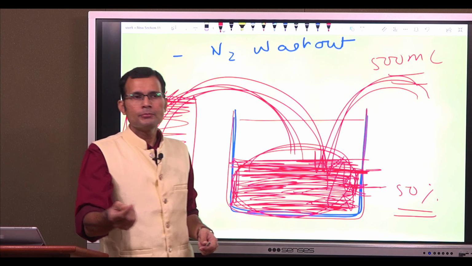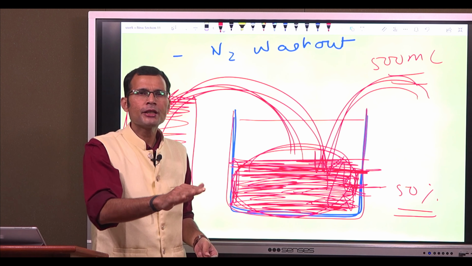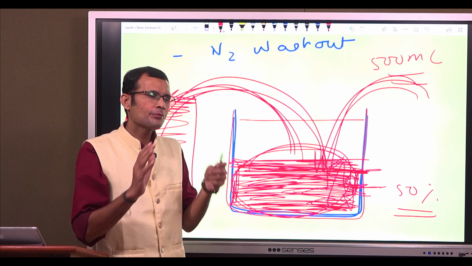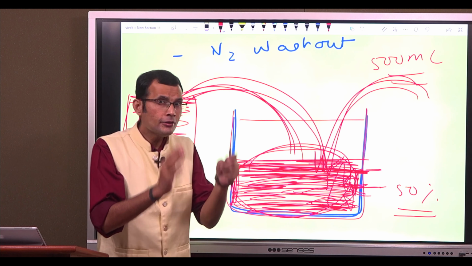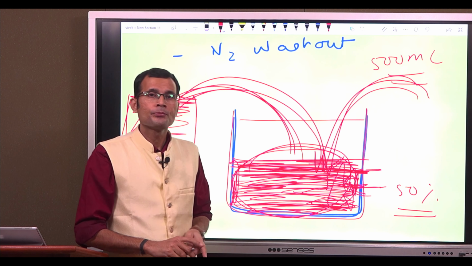I'm just giving the example because when we inspire air, about 79 to 80% is the fraction of nitrogen. So let's say 79 to 80% volume is that of nitrogen. In the residual volume, 80% fraction is that of nitrogen.